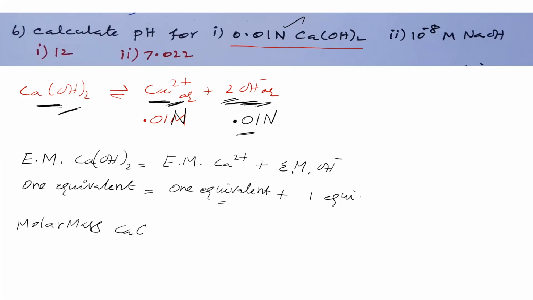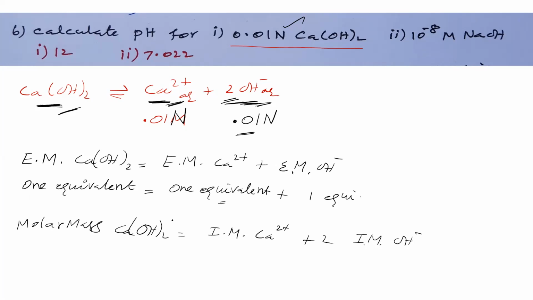Molar mass of calcium hydroxide equals the ionic mass of calcium ion plus 2 times the ionic mass of hydroxide ion. Ionic mass of hydroxide: oxygen is 16, hydrogen is 1, so 17. You have to take hydroxide 2 times.